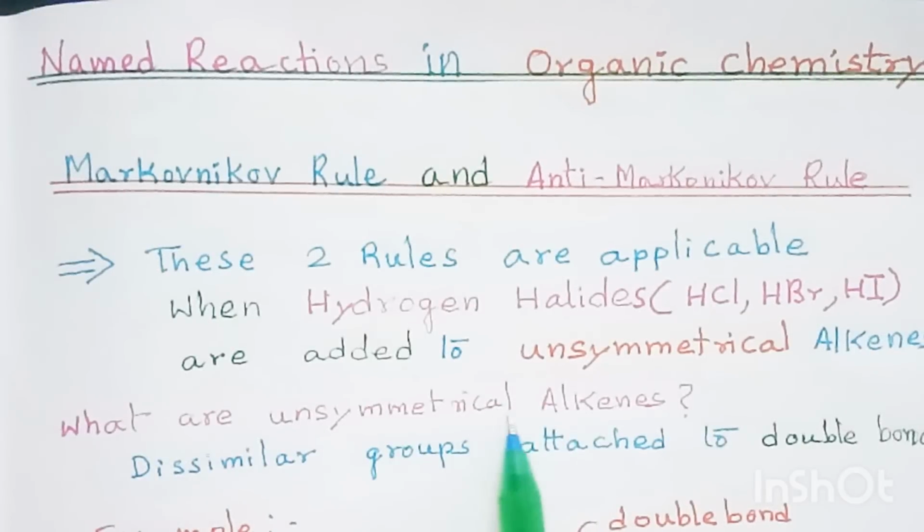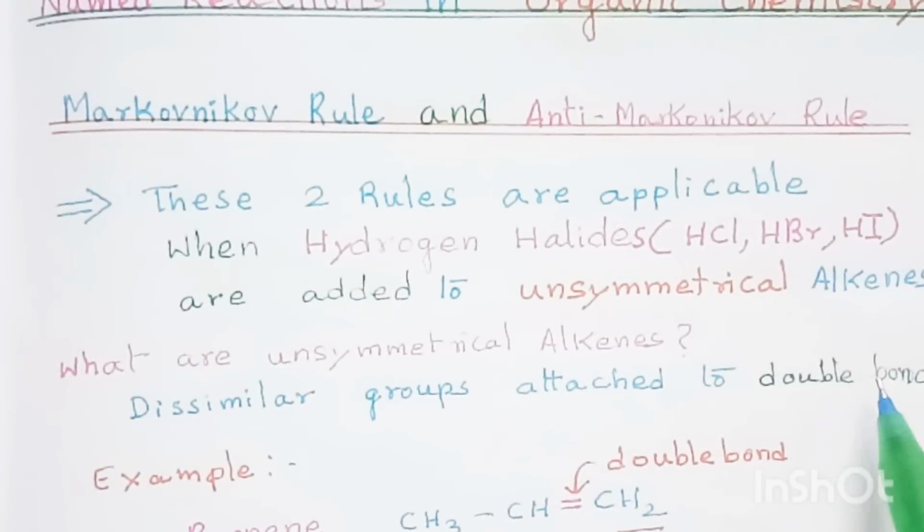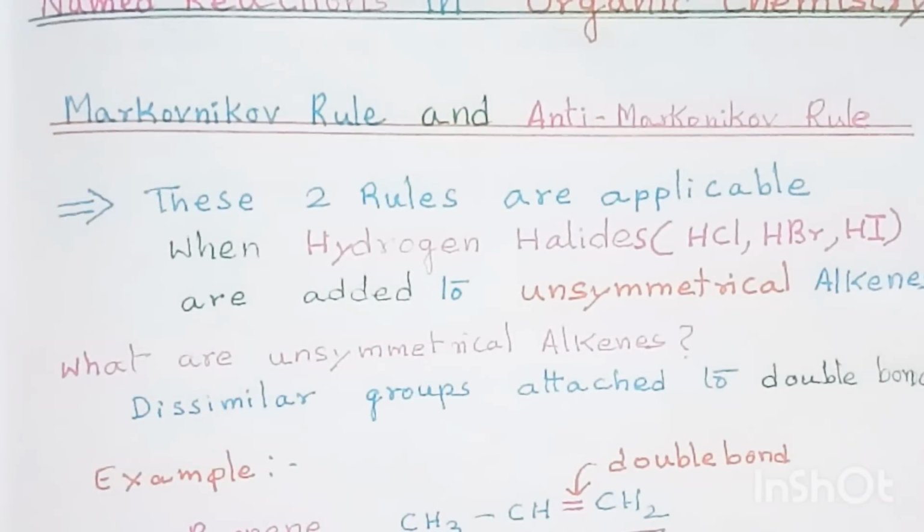What are unsymmetrical alkenes? These are alkenes with two dissimilar groups attached to them. That is, dissimilar groups are attached to the double bond. Let's see the example. Let's take propene. Propene is CH3CH double bond CH2.